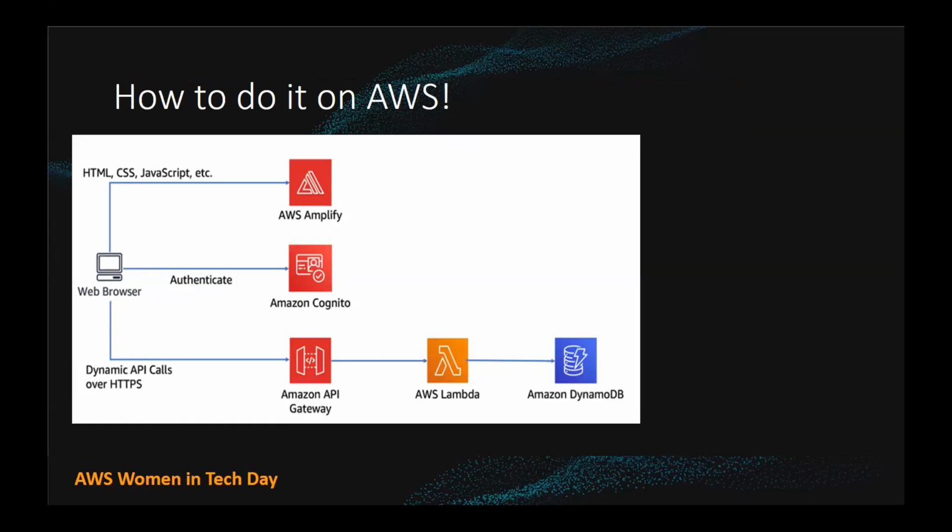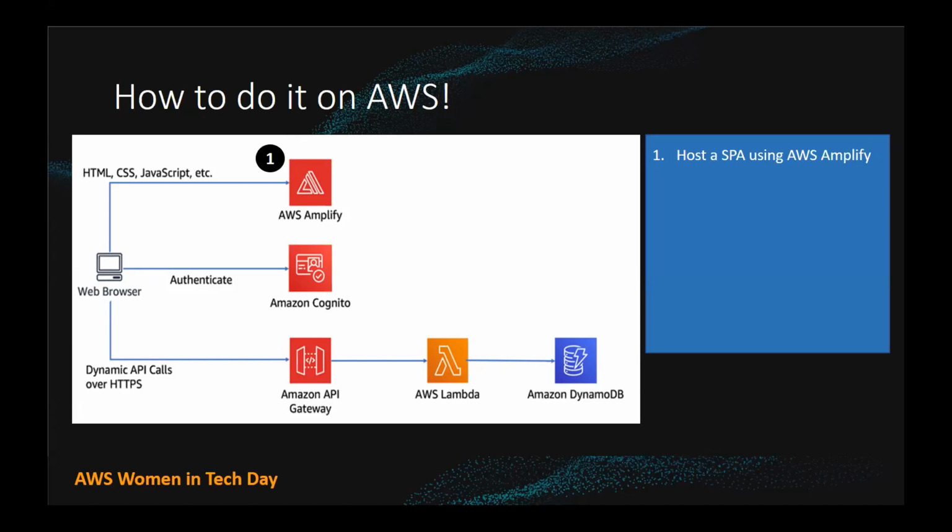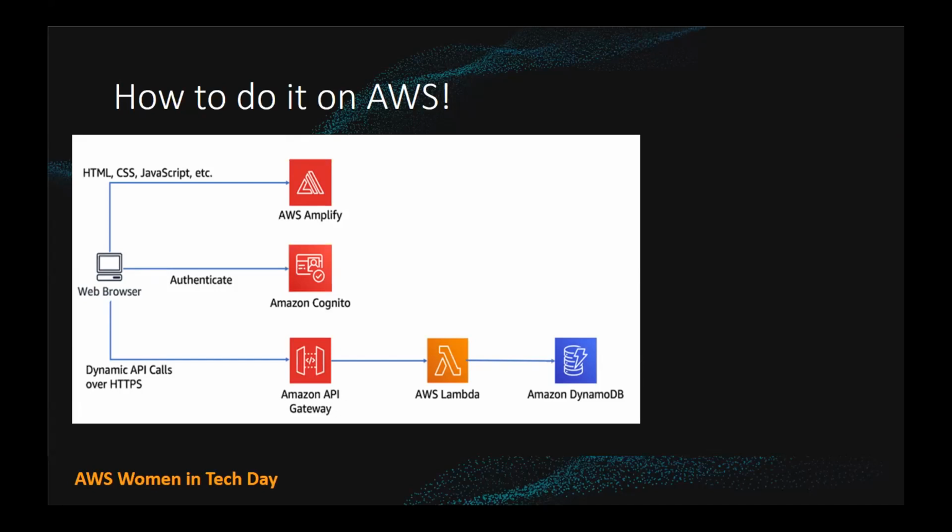Cognito allows us to create the user pool, and we will discuss that in the coming slides. Then you have dynamic API calls over HTTPS. The backend here is going to be AWS Lambda and DynamoDB, whereas API Gateway allows you to interact with the backend using your APIs.